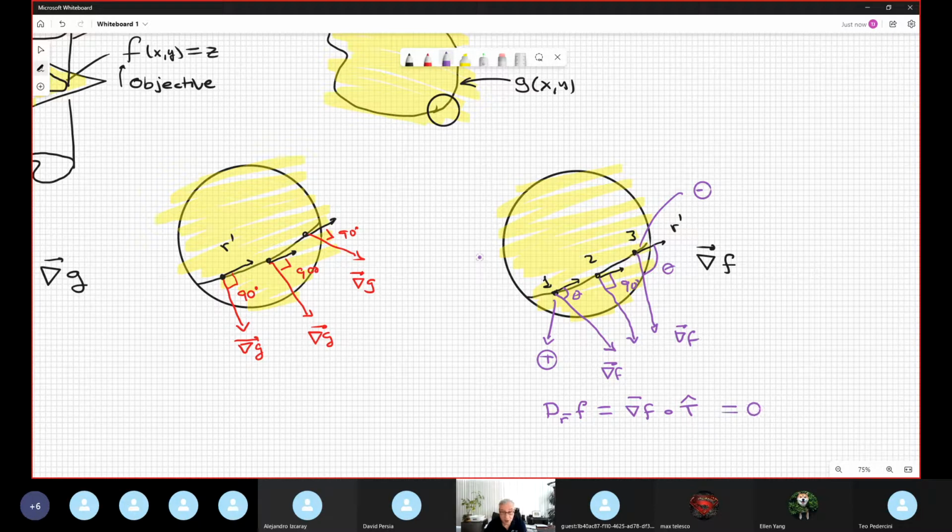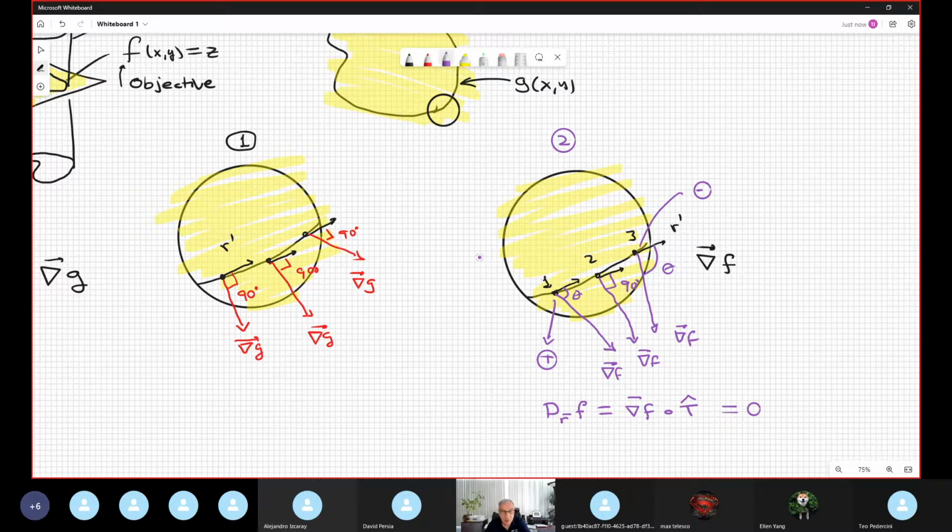Okay, so now you compare sketch number 2 and sketch number 1. The thing is that at the maximum or minimum, the gradient of the function is parallel to the gradient of the constraint.